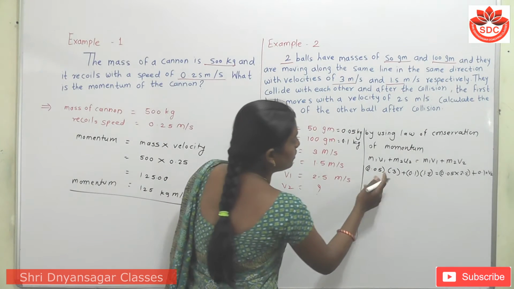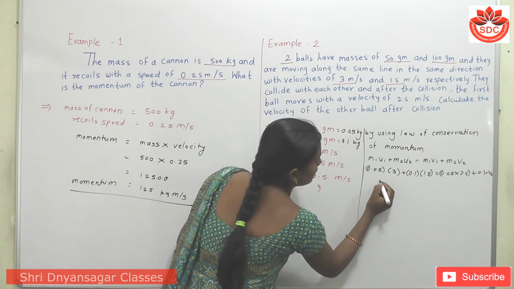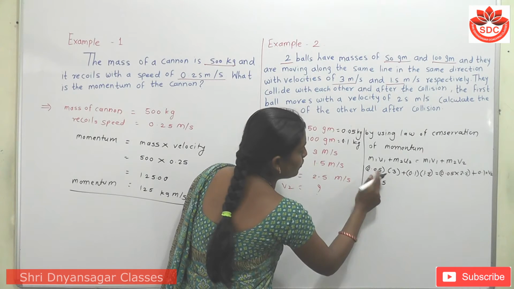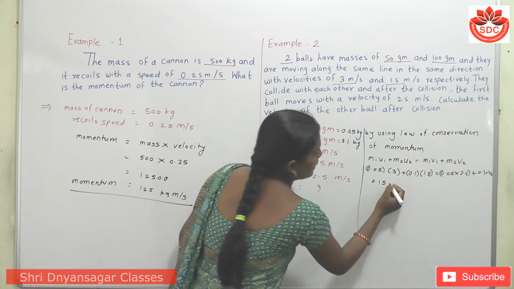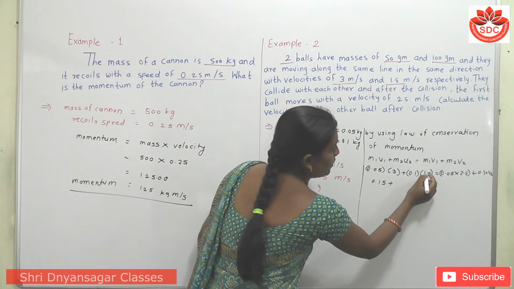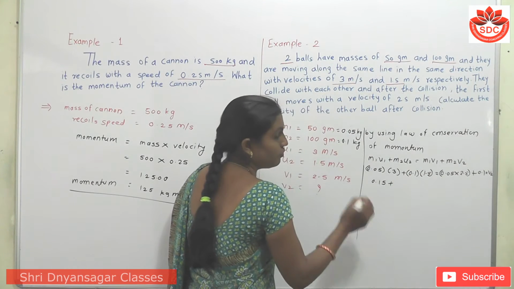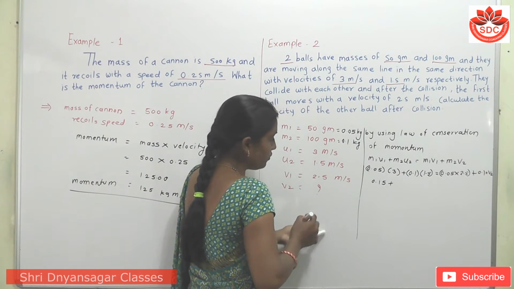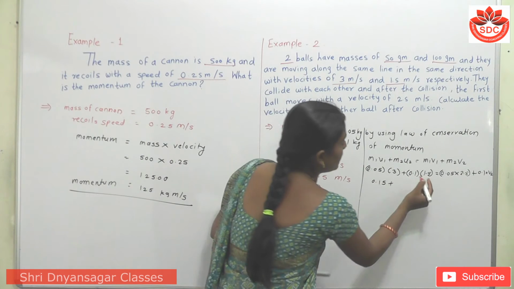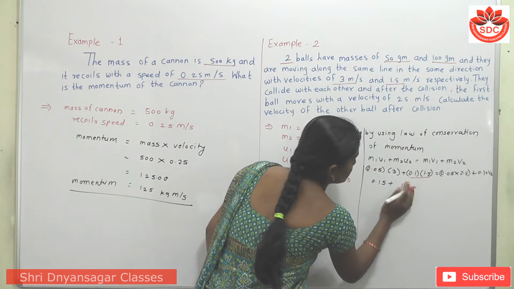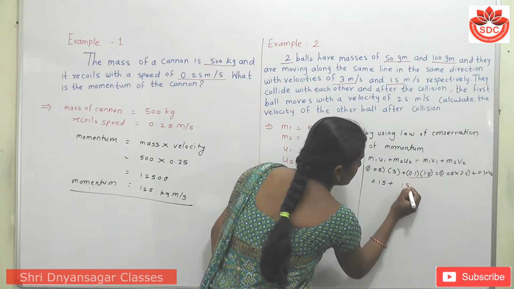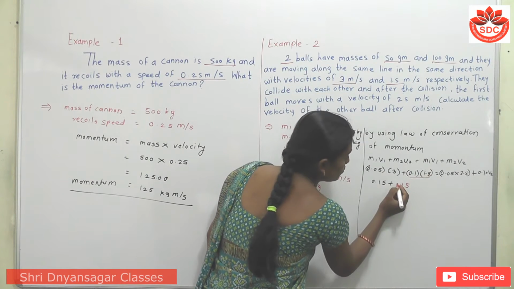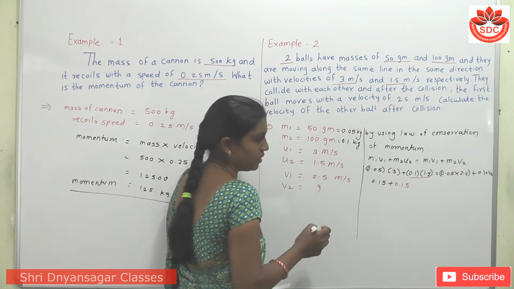So 3 fives are 15, and with two decimal points it is 0.15. Plus 1.5 into 0.1: multiplying both, 15 ones are 15, but with two decimal points, so we write 0.15.